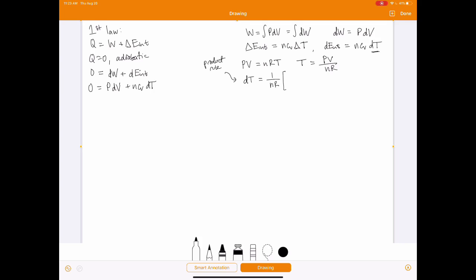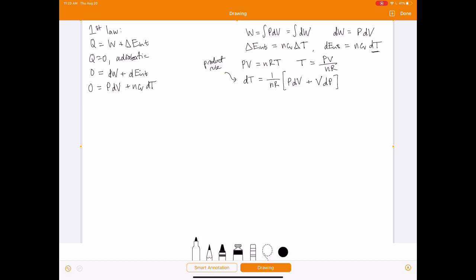So how do I take the derivative of P times V? Well, first I just have P, and I leave that alone, and then I write dV next to that. Then I add that to V, leave that alone, and then dP next to that. This is how we use the product rule to get dT.